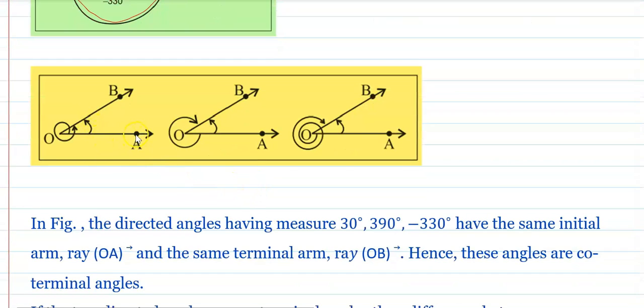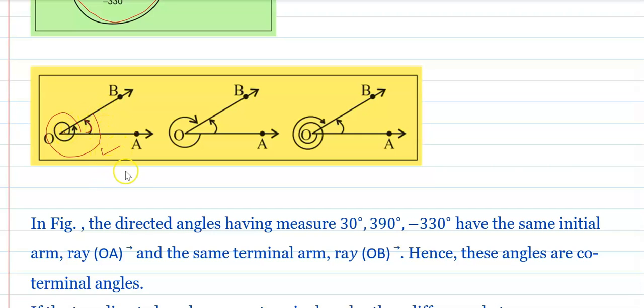Now see this figure. Angle AOB: first it starts from OA to OB. Next, it starts and completes one rotation, and then its terminal ray lies on OB.